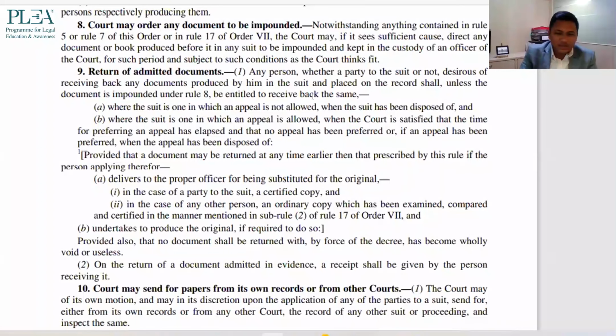This is a topic which is covered in most of the provisions of the CPC. Although we are limitedly dealing with Order 12, Order 13, Order 11, the jurisprudence and essence of this topic are almost covered in most of the provisions of the Civil Procedure Code, as also the Indian Evidence Act.